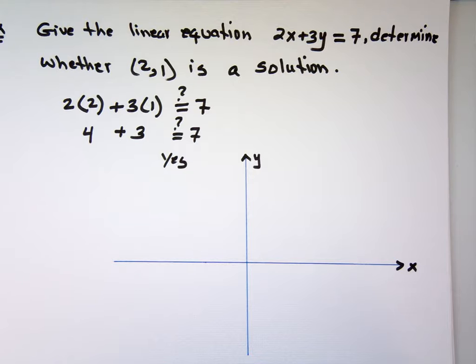Let's graph it and see. I need 2 points because that's a straight line. A linear equation is a straight line. All you need is really 2 points to graph it.